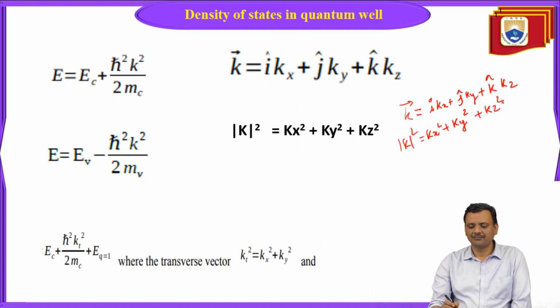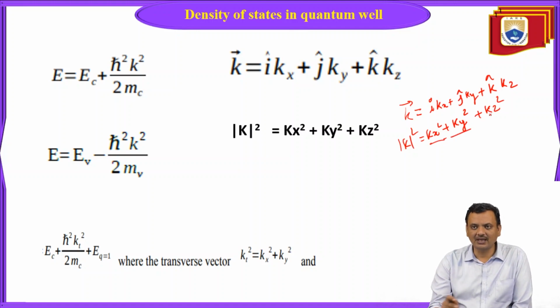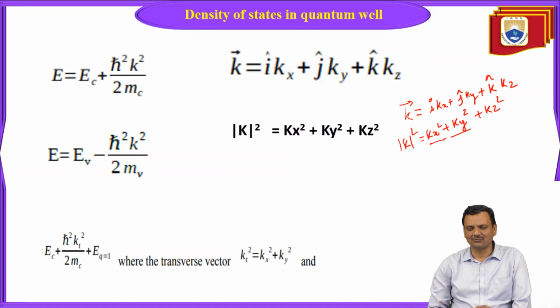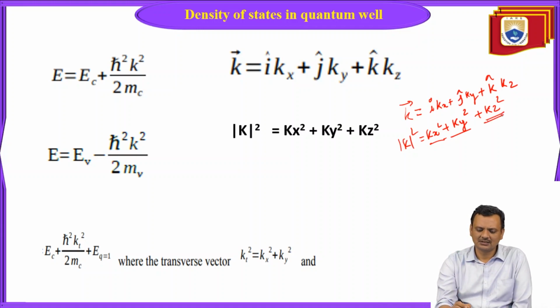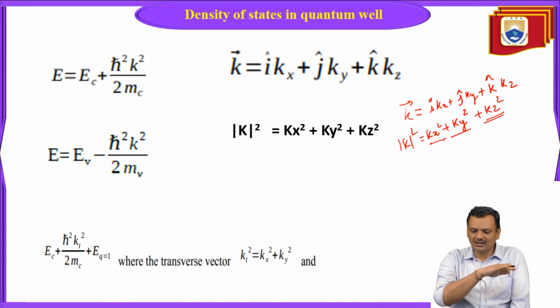But see here, these kx and ky components will take random values, but kz will always be fixed. Only then can you define a kind of plane.